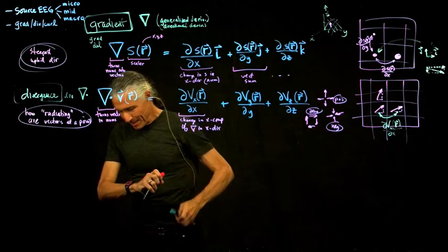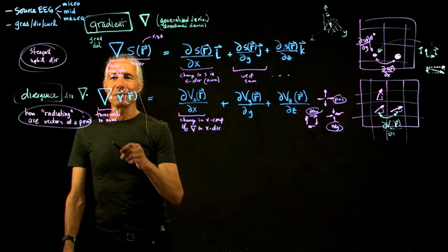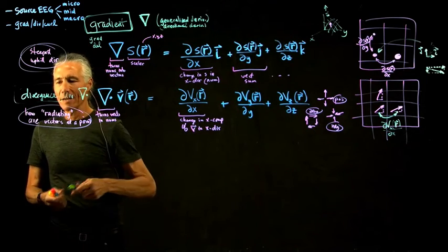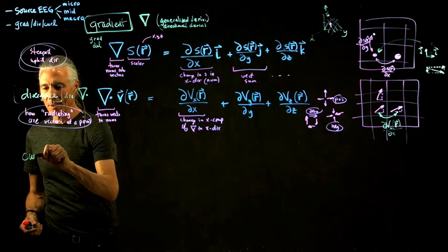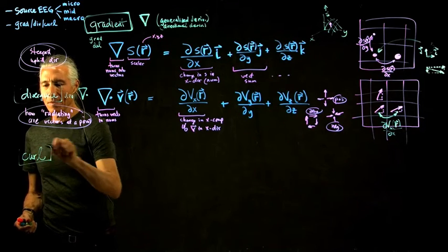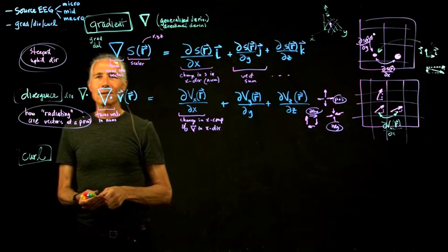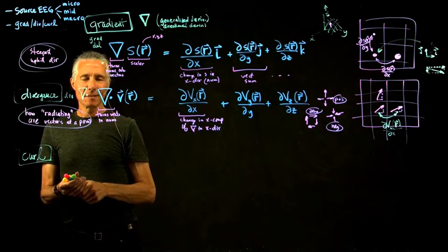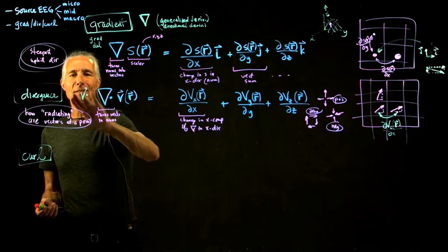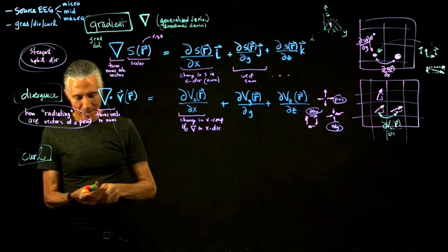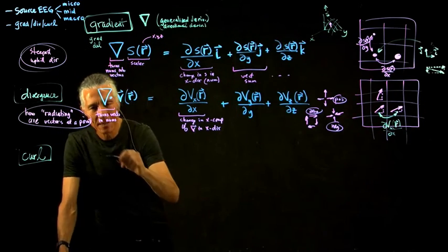Okay, and then last but not least, we have to do curl. So curl is related to the magnetic field. Curl is just something that's more like a cross product.